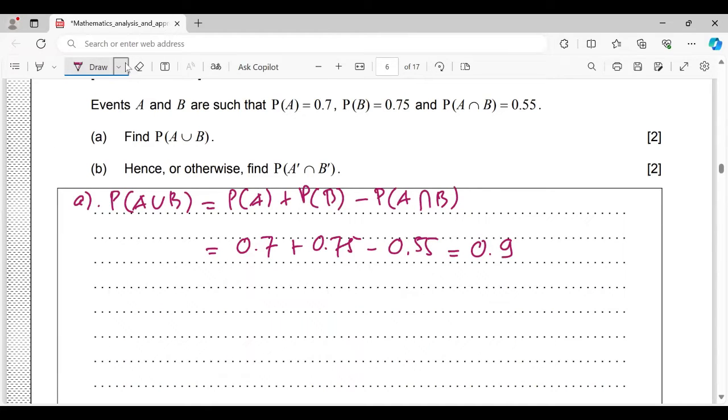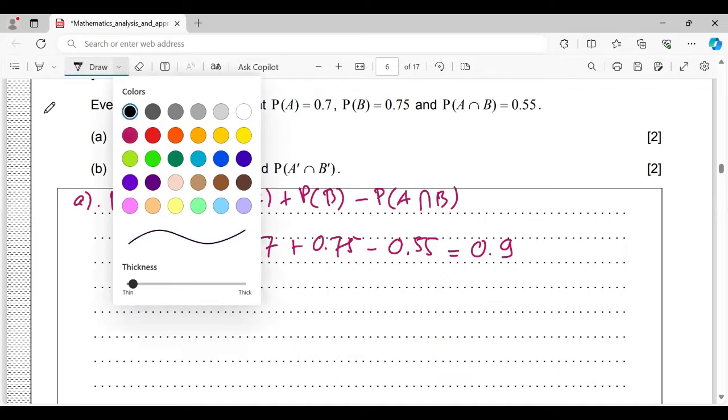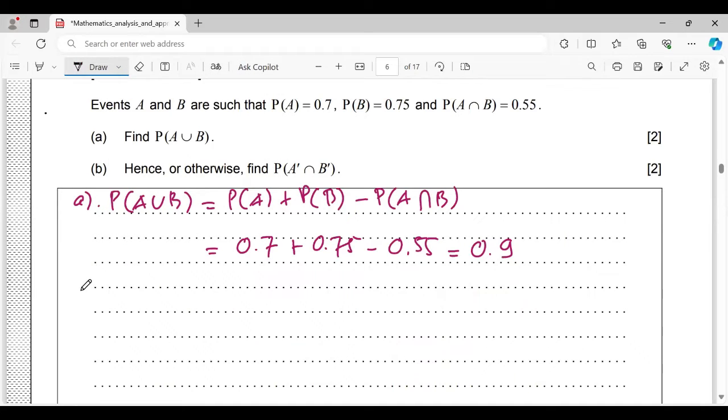Next, b. I'm going to change the color. Find probability of non-A intersection non-B. We are writing first the probability.